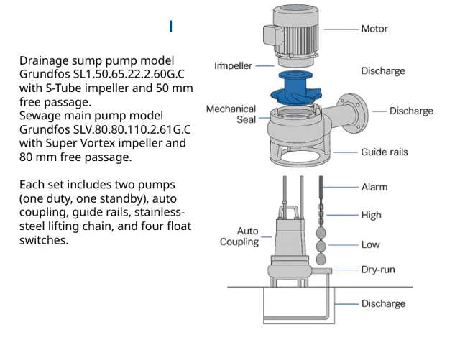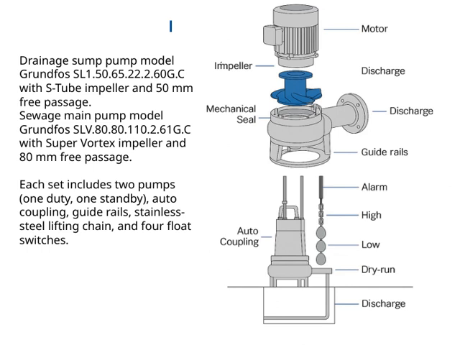An important point to note is that each pump set includes 2 units, one for duty and one as a standby. This setup ensures continuous operation and minimizes downtime if one pump needs maintenance or encounters a problem. The sets also come with auto coupling, guide rails, and a stainless steel lifting chain, making installation and maintenance straightforward.